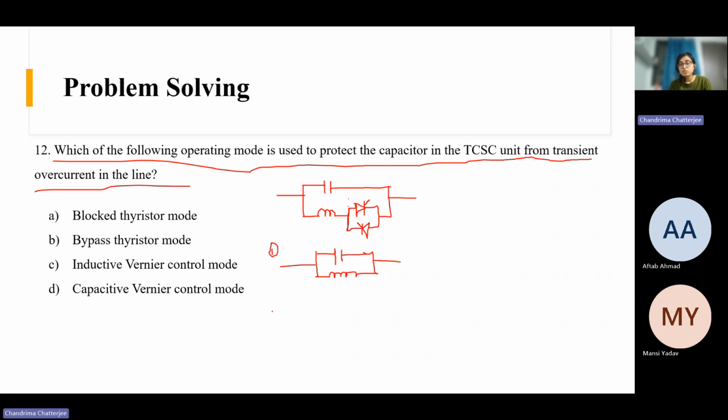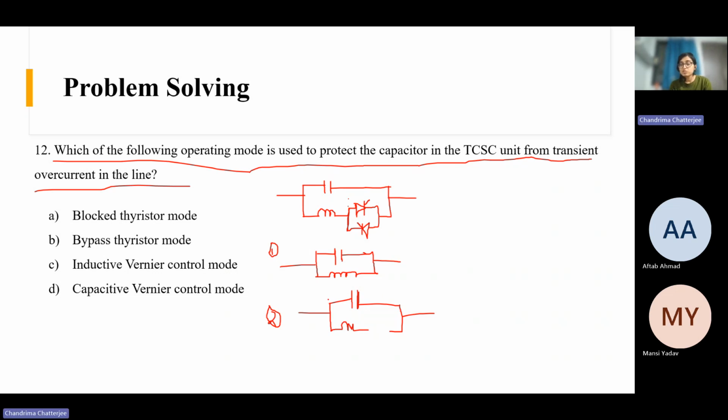The second mode is when the thyristors are fully off. So the thyristors are off, this path is open, there is nothing here. In that case, there is only this capacitor.